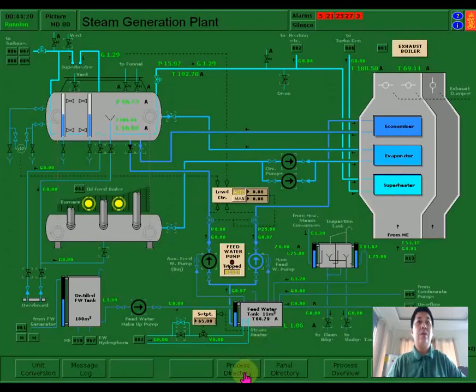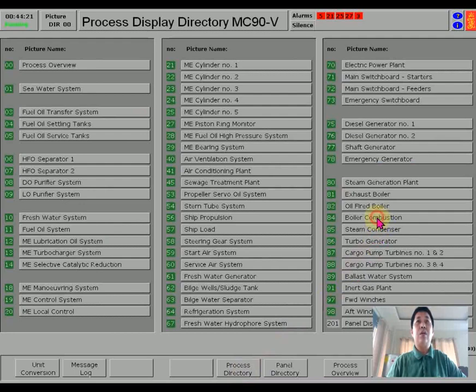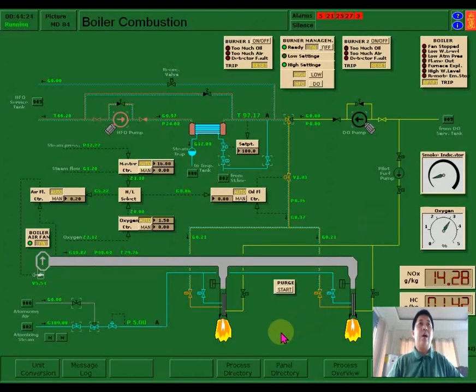Now it is 16 bar. So we'll wait. We have an alarm.